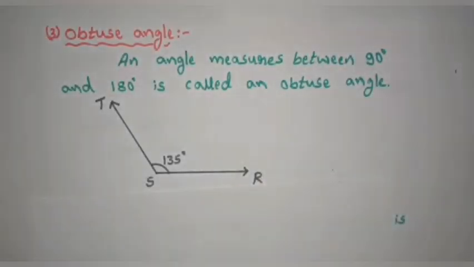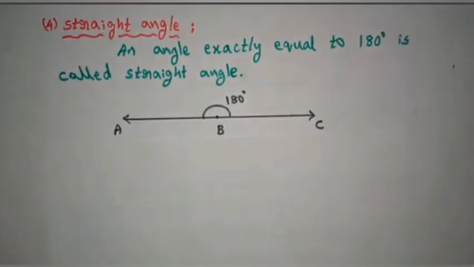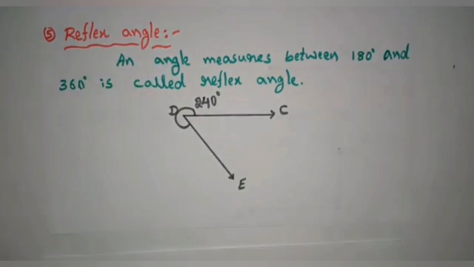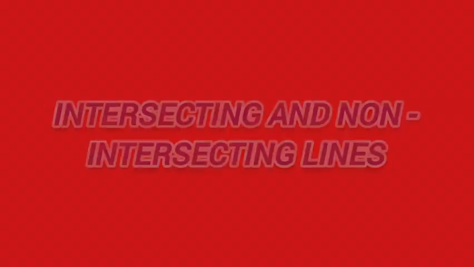An angle that measures between 90 degrees and 180 degrees is called an obtuse angle. An angle exactly equal to 180 degrees is called a straight angle. An angle that measures between 180 degrees and 360 degrees is called a reflex angle.